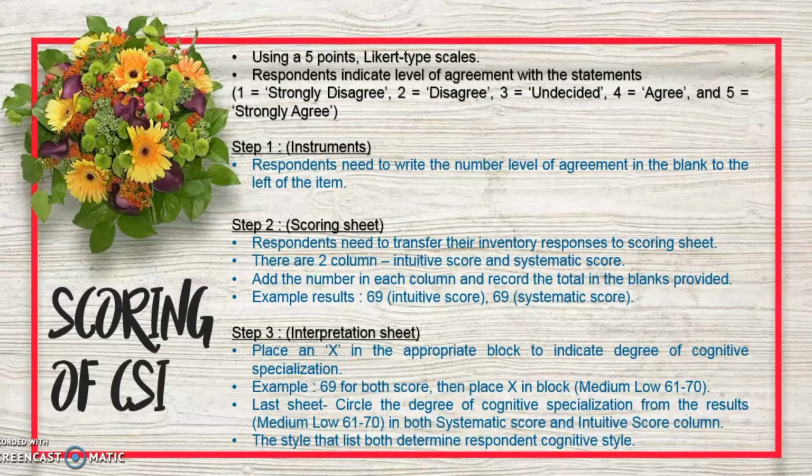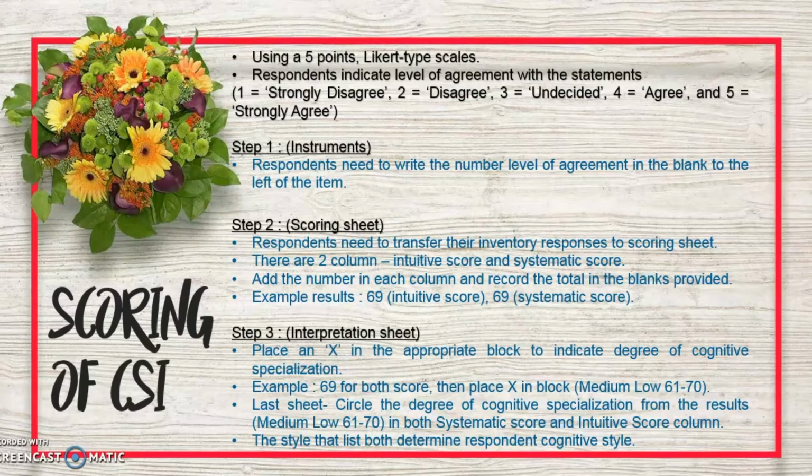Okay, from our respondent's results, she gets 69 for the intuitive score and 69 for the systematic score. I will show you the instrument sheets, scoring sheets, and interpretation sheets that were already answered by our respondent in the next slides. Okay, the third step is the interpretation sheet.